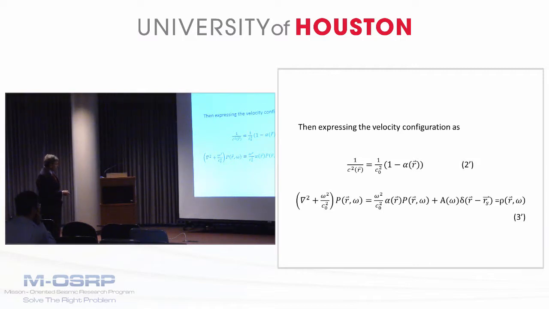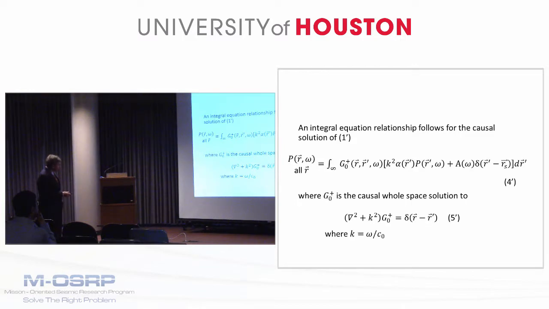And then we rewrote that acoustic wave equation in the following form. So we had a del squared plus k squared operator on the left-hand side and terms on the right-hand side that we call rho.